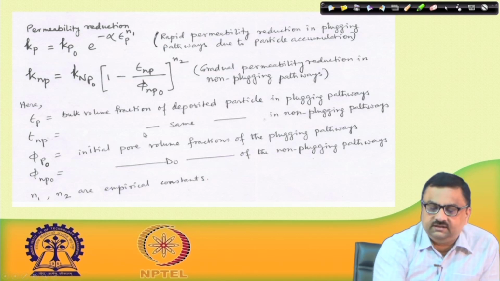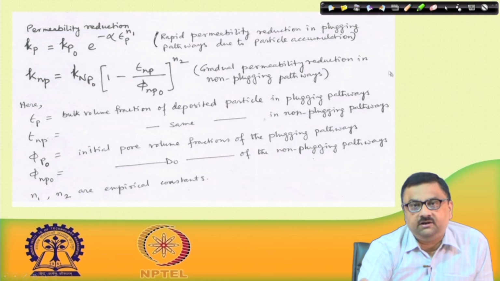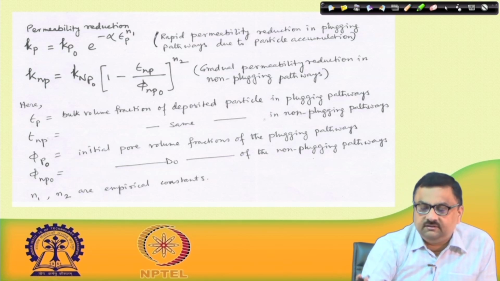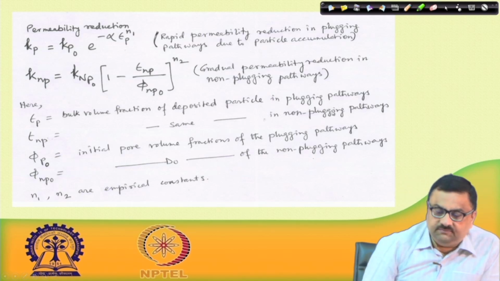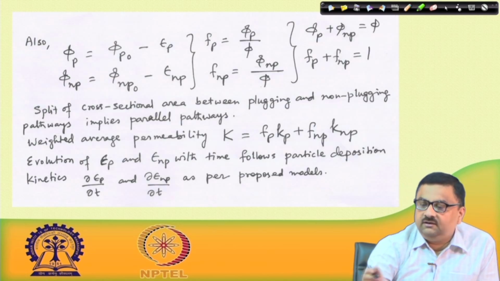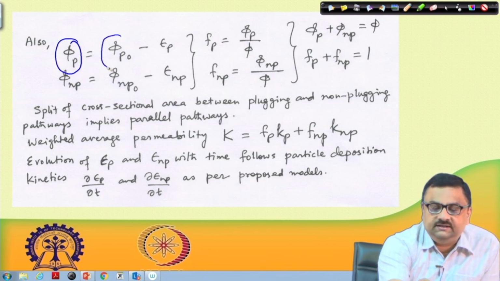Epsilon P is the volume fraction of deposited particles. That means volume of deposited particles divided by total volume of the system. And epsilon NP is the volume of deposited particles in non-plugging pathways divided by total volume of the system, because if that is so, then only one can write the porosity at any time, the plugging part, as initial porosity minus this part.